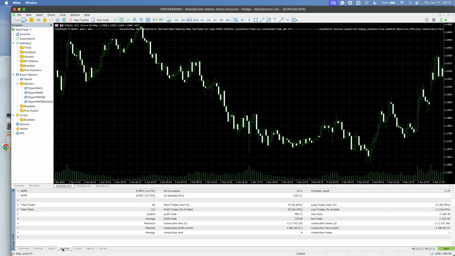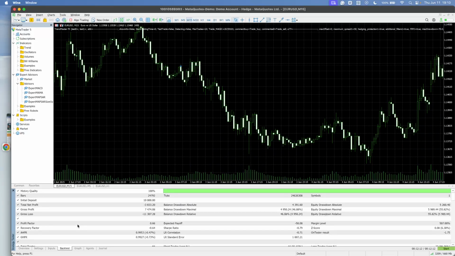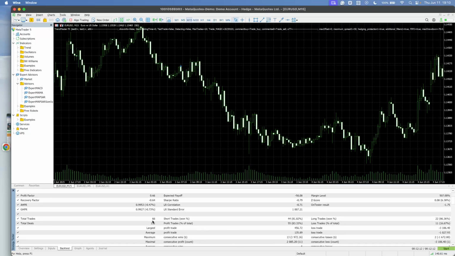Total net profit came in at about negative 3,833, and we had a profit factor of 0.66 and a max equity drawdown hit around 55%. These are poor numbers. These numbers are not quite impressive. The win rate looked decent on the trades. It took 66 trades in total, and win rate's about 83%.